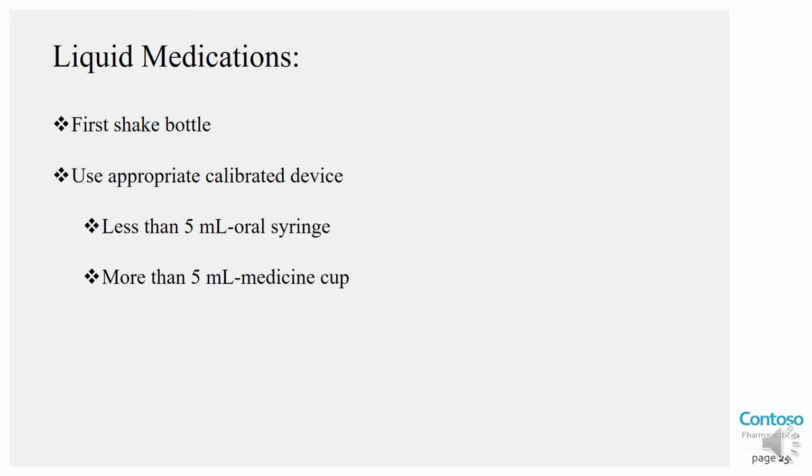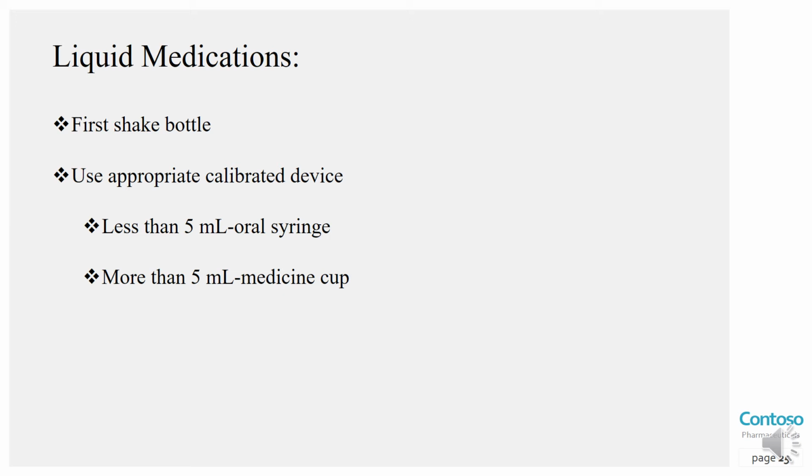Liquid medications may come in single doses, unit dose packages, or may be poured into a medicine cup from a multi-dose bottle. When you go to pour the medication, make sure that you always shake the medication gently to mix the contents. And then use the appropriate calibrated device.